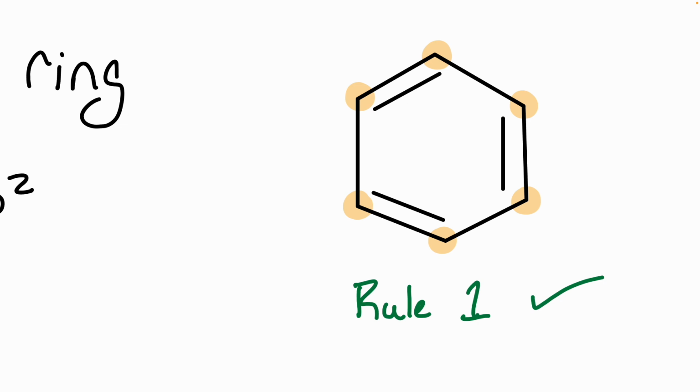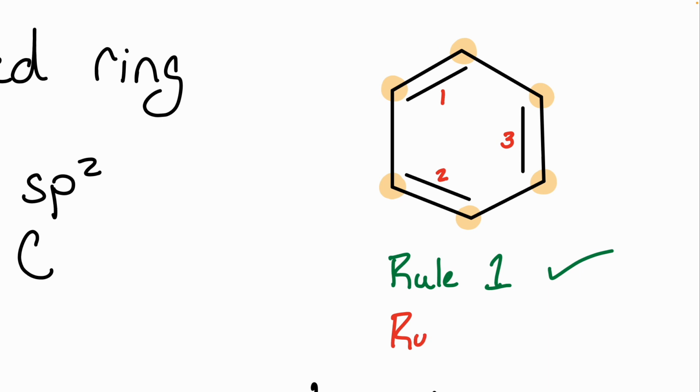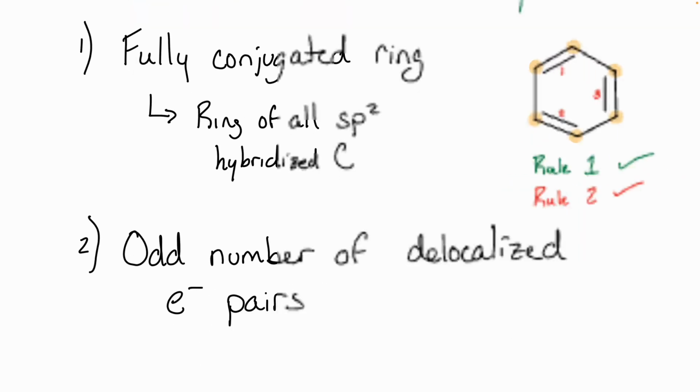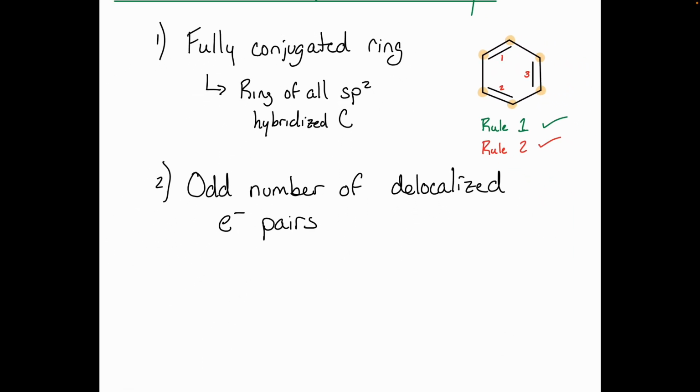We got that fully conjugated ring. And then we're going to go through and count our number of delocalized electron pairs, our pi bonds here. We have 1, 2, 3. So do we have that odd number of electron pairs? Check, check. This satisfies rule 2. So if a molecule satisfies both rule 1 and 2, it's considered aromatic.